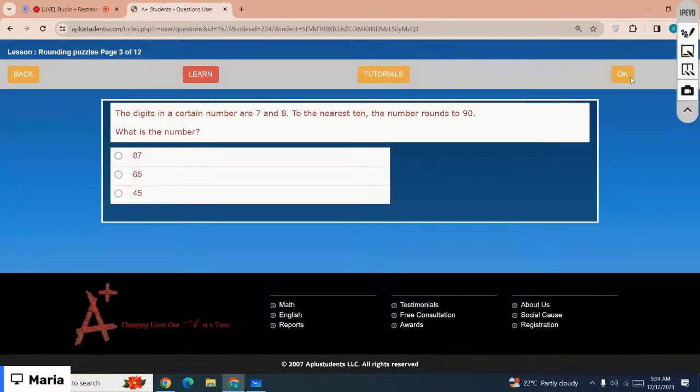The digits in a certain number are 7 and 8. To the nearest 10, the number rounds to 90. What is the number? Which number is rounded to 90?